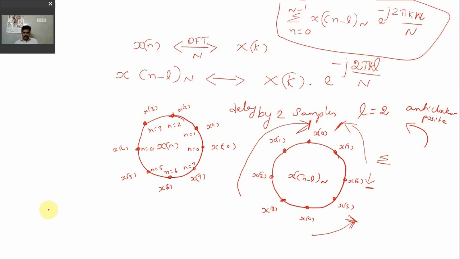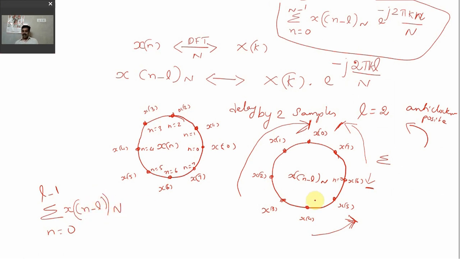So we write n equal to 0 to L minus 1, where 0 is coming to this point, of x of n minus L. Be careful, here you have to put a double bracket.